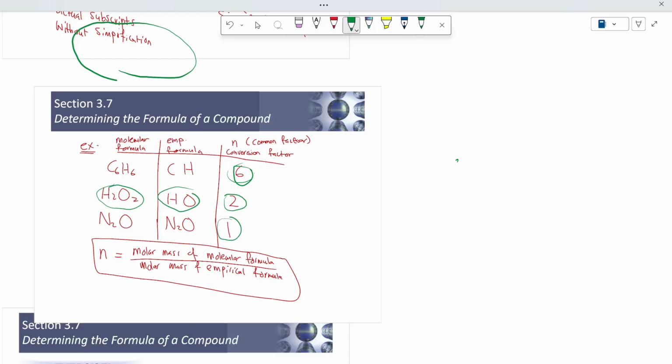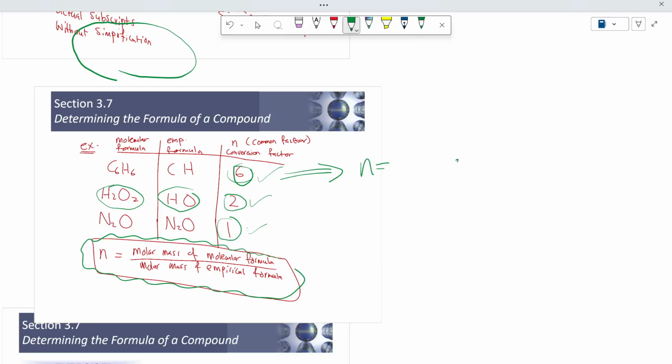In general, to determine n, where n is the common factor, 6, 2, or 1, you can apply this formula: n equals the molar mass of the molecular formula over the molar mass of the empirical formula. So let's try it for the first example. We know in advance that n is 6, but let's find it by applying this law.